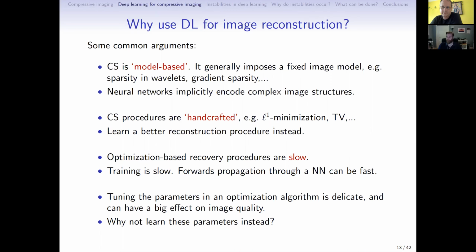So I would say that we're not making an explicit choice of the model. It's somehow implicitly encoded in the neural network, right? The other thing to say is that we're also learning the parameters of the model from training data, whereas when you choose something like sparsity, that's independent of any training data you have. Okay, thanks.